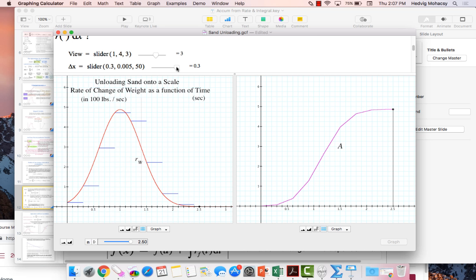First, look at the exact rate of change function and the approximate rate of change function on the left. So I'm going to change delta x to very, very small. So what happens? Because delta x is really small, the horizontal lines are more and more frequent, right?